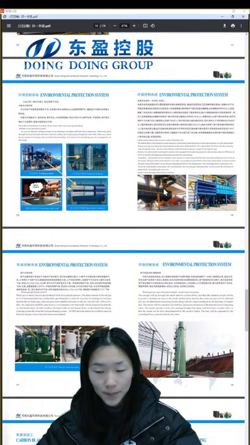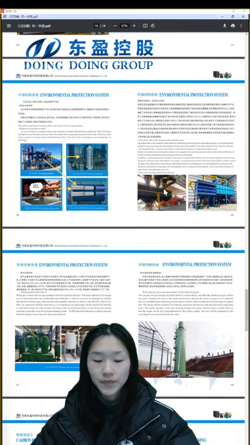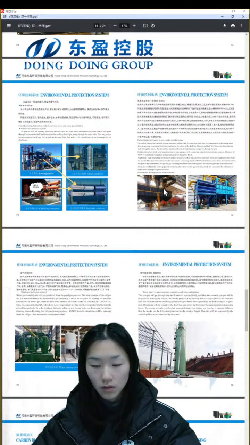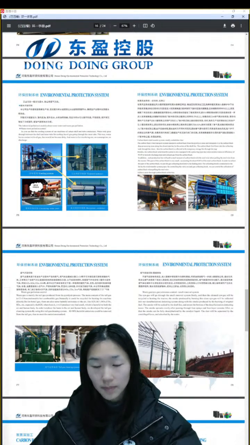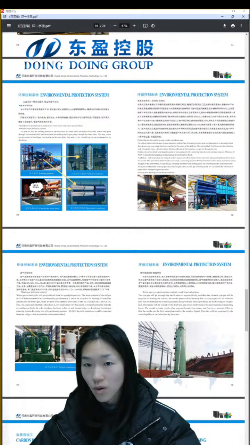If your project is a big project, you need to install 4, 5, or 6 pyrolysis machines, you need to choose this device. It can make your workshop cleaner. The carbon black can't fly around in your workshop, to protect your workers' health.